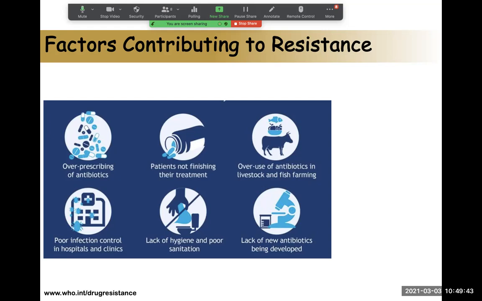Okay, and then the other major problem now is the lack of new antibiotics being developed, because the antibiotic pipeline, from the day they start identifying and synthesizing to getting to market, takes 10 to 15 years and at least about $10 billion to go from A to B. And so most companies have gotten away from it, because once bacteria become resistant, all the money they spent on making these antibiotics is no longer useful.